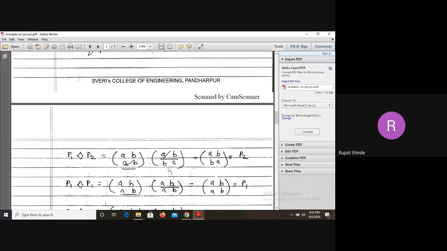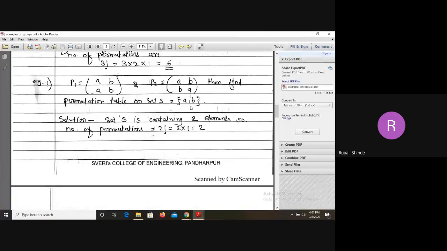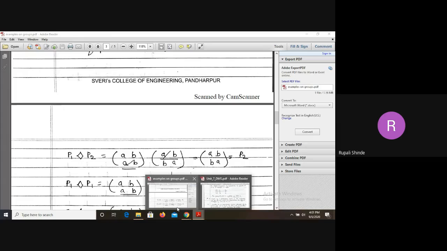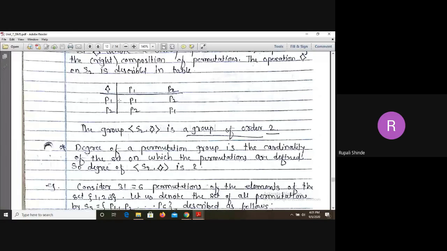So we will get AB, BA. Check AB, BA, that is given for permutation P2. So the value for P1 permutation P2 is P2, and we have written that here in this composition table. Now the first row is completed.